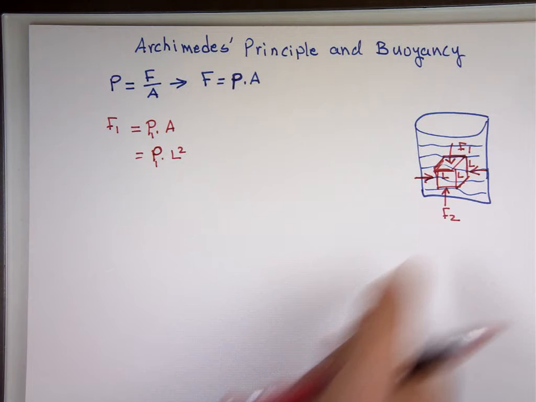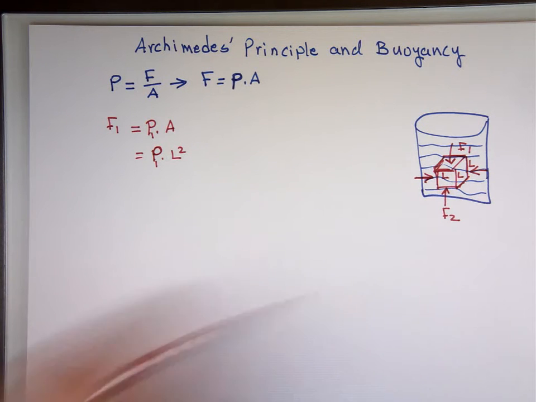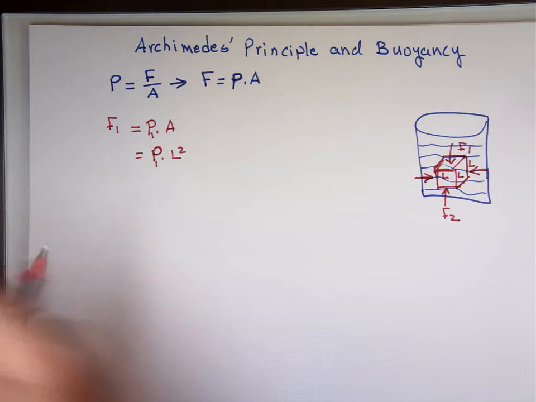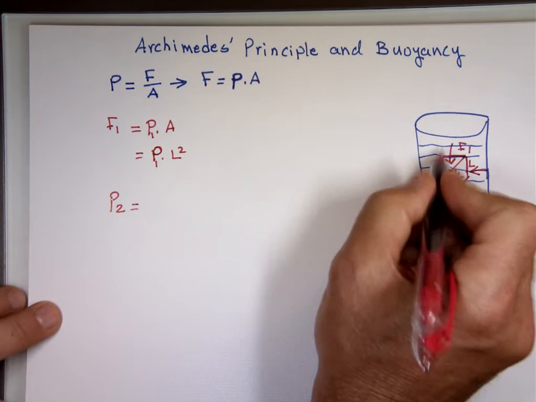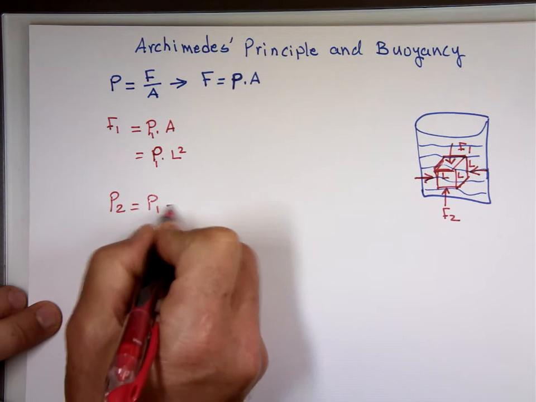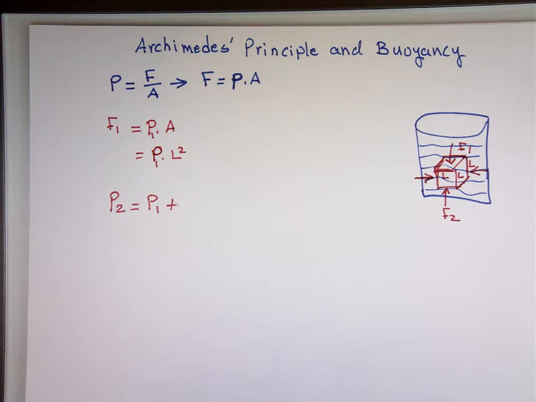Now, let's look at pressure 2 here. What is the pressure on the bottom of that? Pressure on the bottom is going to equal the pressure on the top, P1, add to it what?